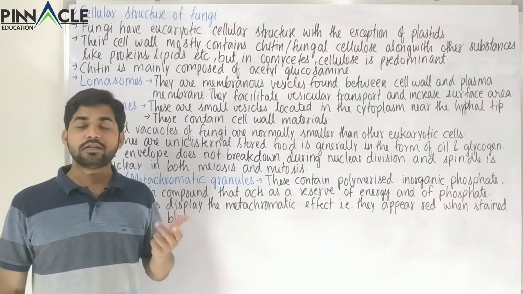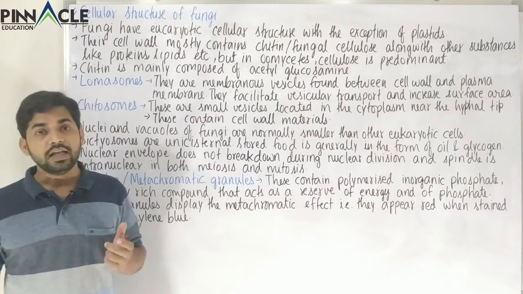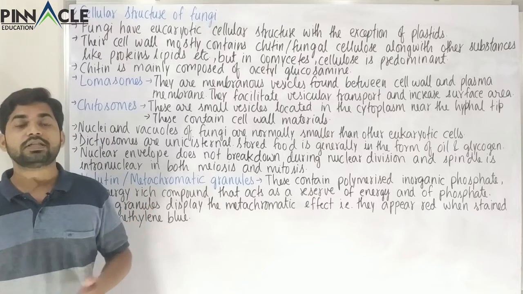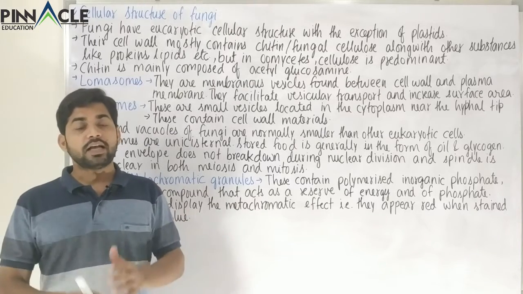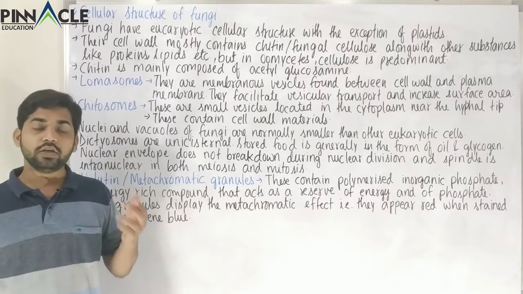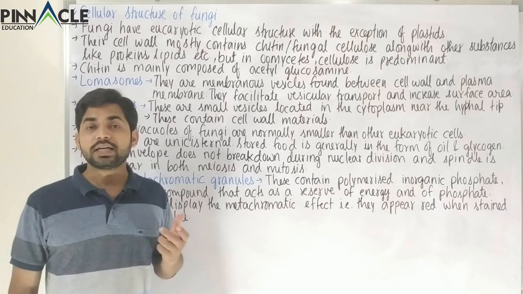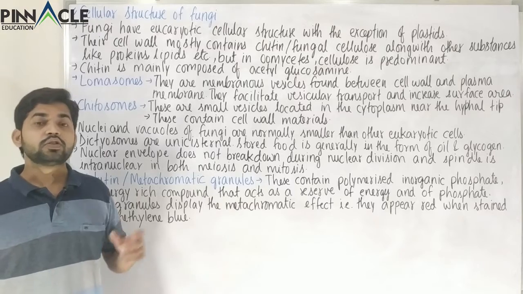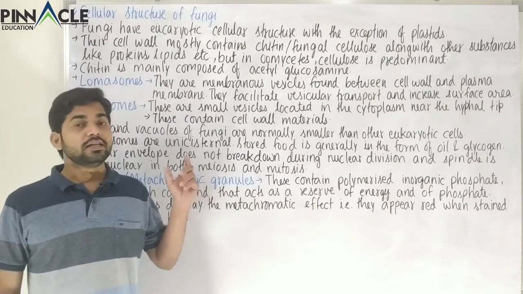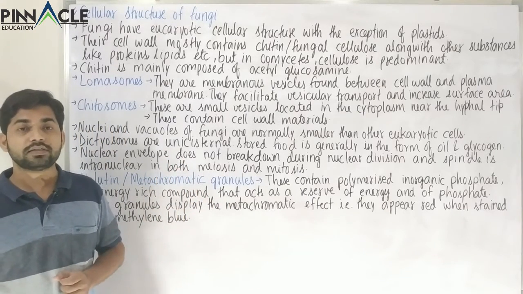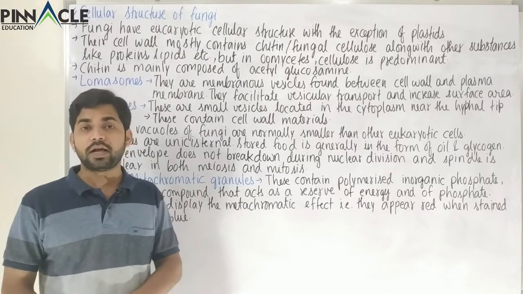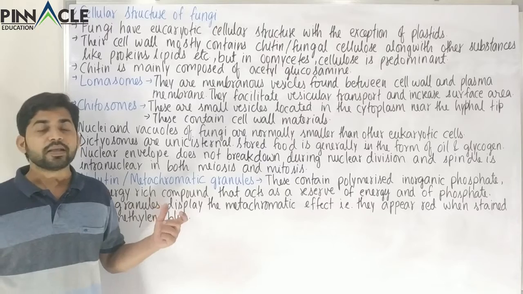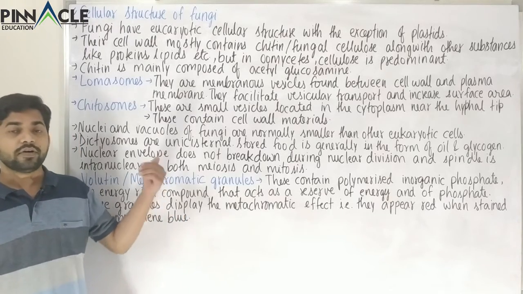In plants we have chloroplast, which contains chlorophyll, the chromoplast, which contains other pigments like xanthophylls, and the leucoplast, which does not contain any specific pigment, that is, it is colorless. The fungal cell does not contain these different types of plastids. So it is a very important difference between a typical plant cell and a typical fungal cell.